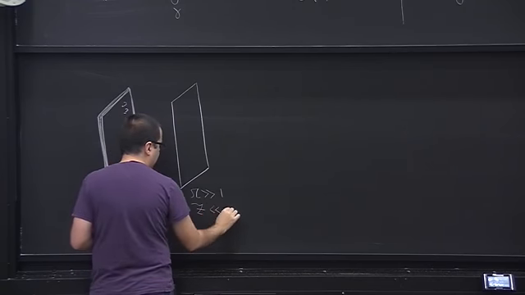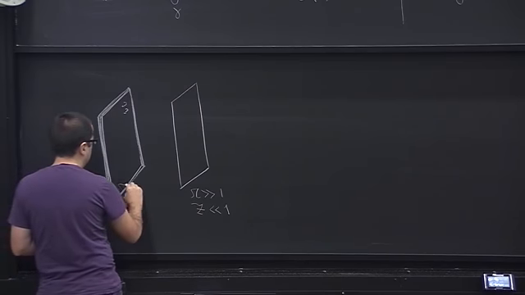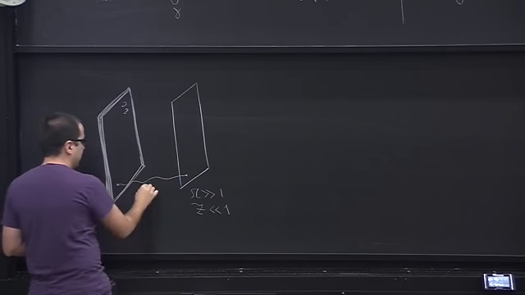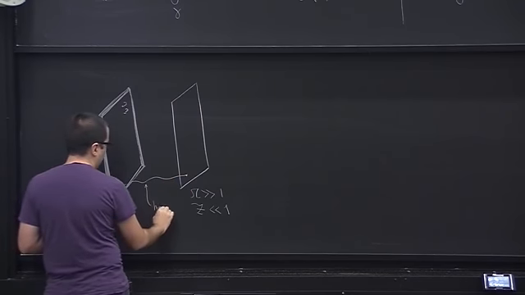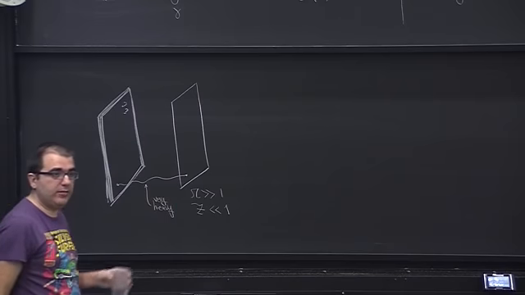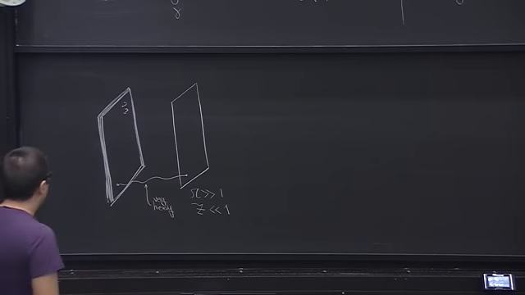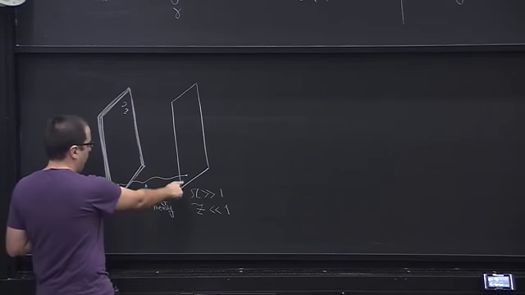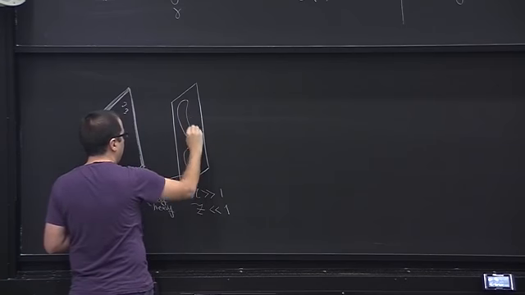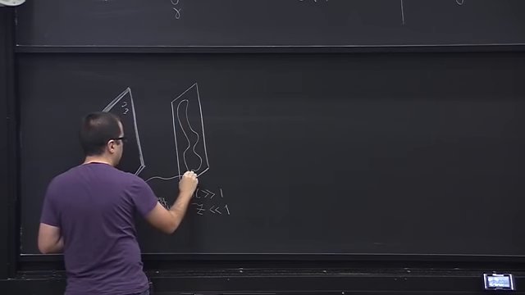And I consider an open string that stretches from this brane to this brane. This now describes a very heavy excitation. It's stretched, so it's a very heavy excitation. So what should I do? This is my probe. Now I take this heavy probe and carry it along some contour gamma that I choose.